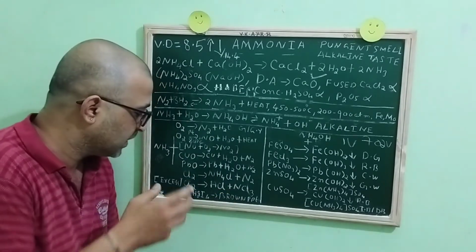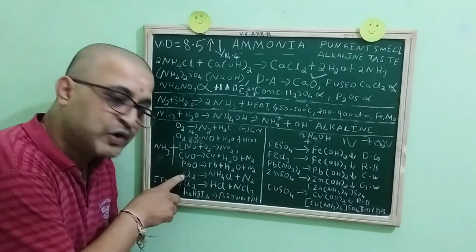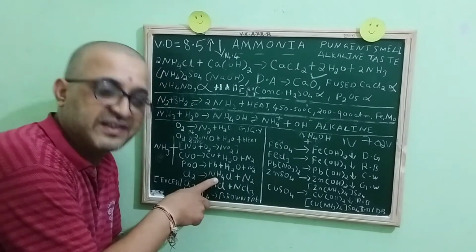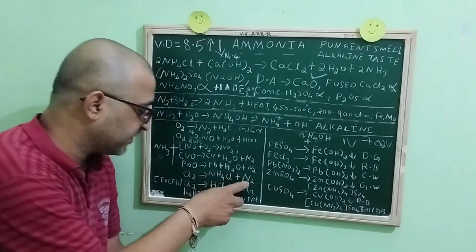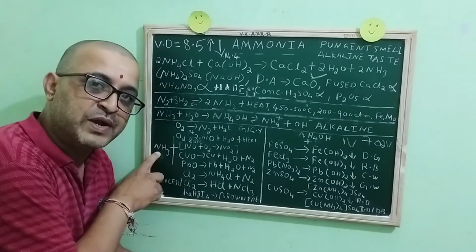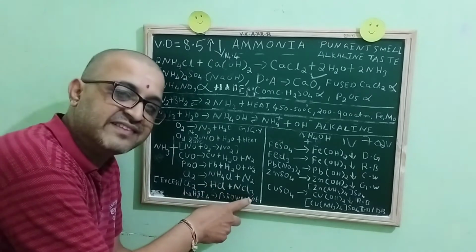It's very simple. When ammonia is in excess compared to chlorine, you will get dense white fumes, that is ammonium chloride, and nitrogen. When chlorine is in excess compared to ammonia, you will get HCl and NCl3.